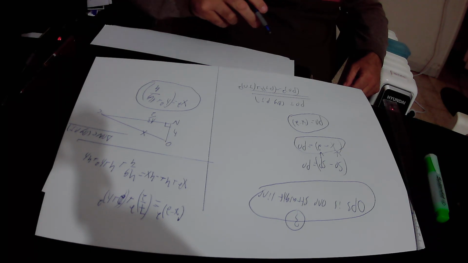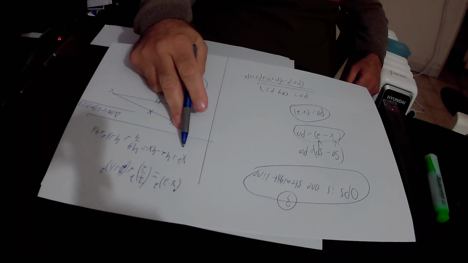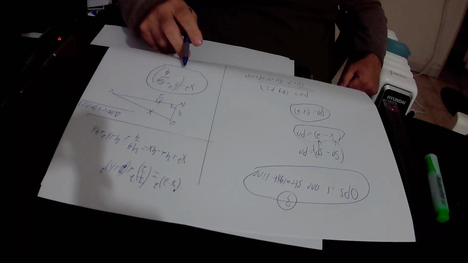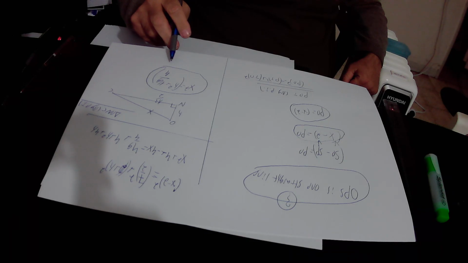In the next step we'll substitute x squared here by h squared plus 169 over 4.